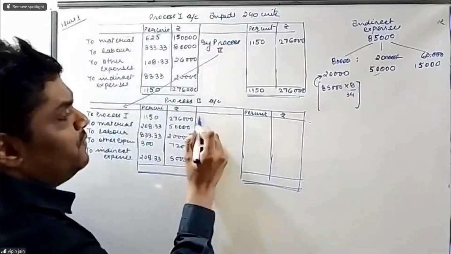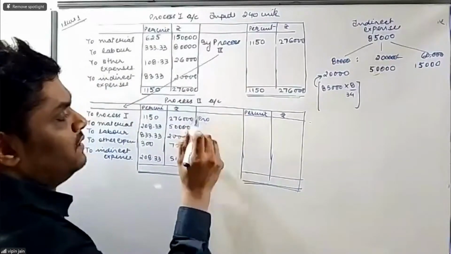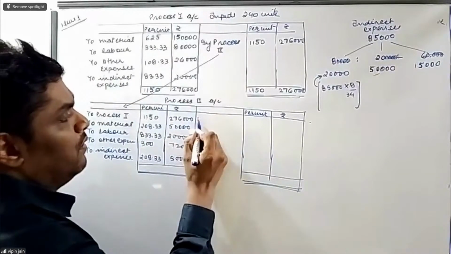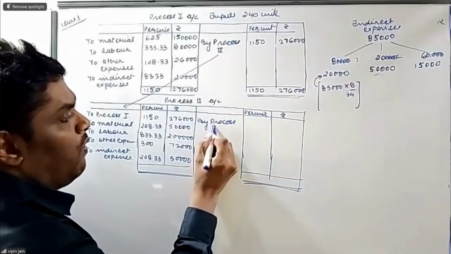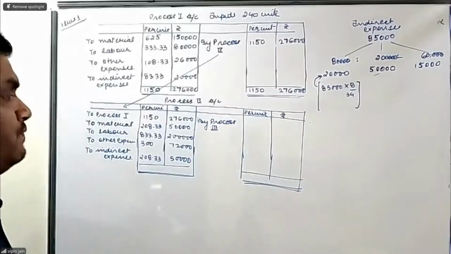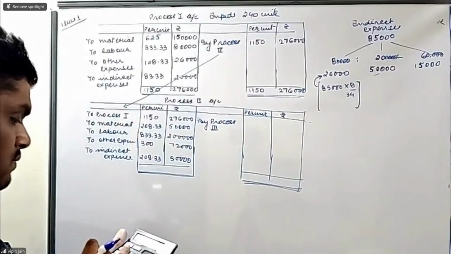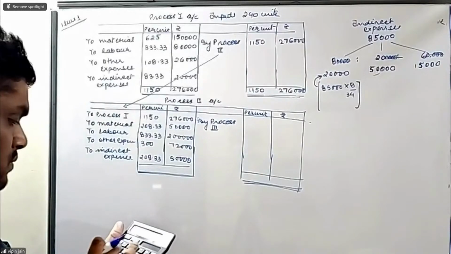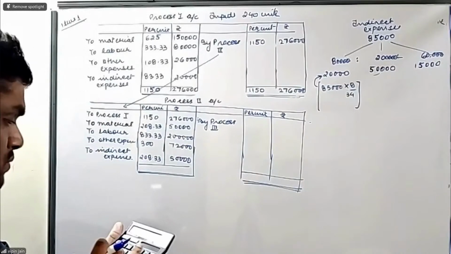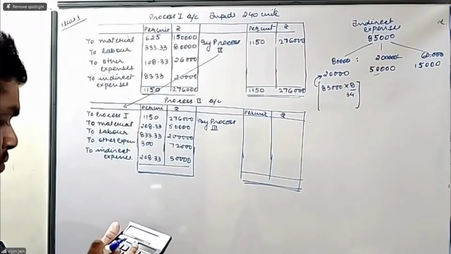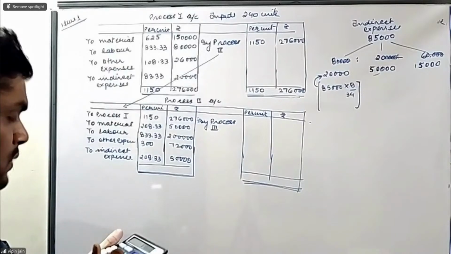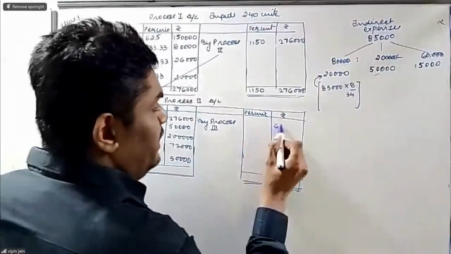The output of this process is transferred to next process. So this will be 6,48,000.